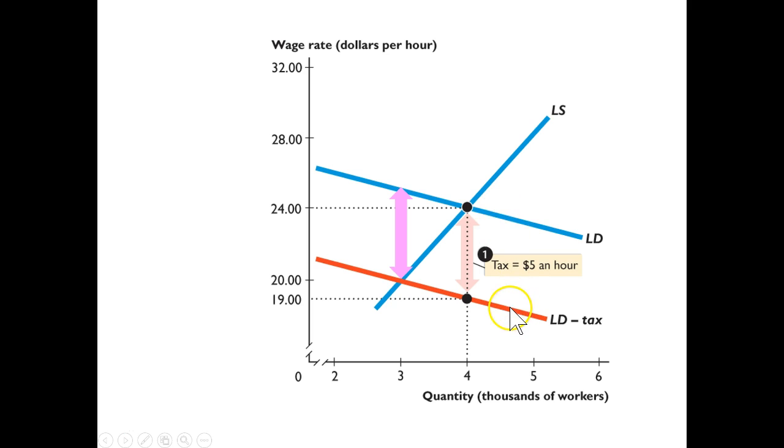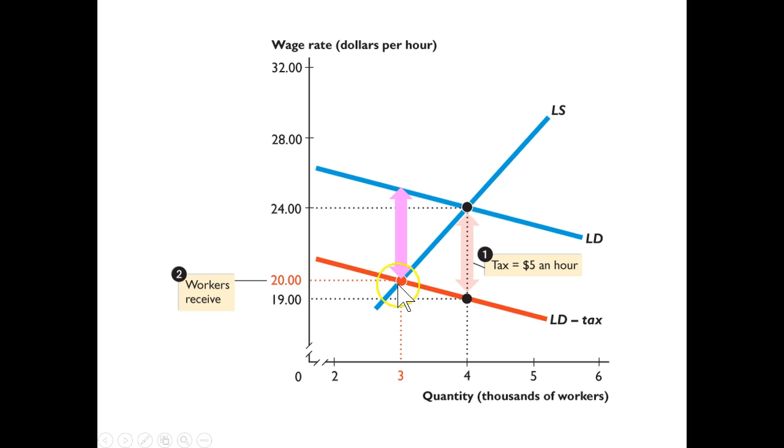So it pushes the labour demand curve downwards. The employers are willing and able to employ workers only at lower wages. And we can see there that what's happened is that we've now got a new equilibrium due to the new lower demand curve with the imposition of the tax.